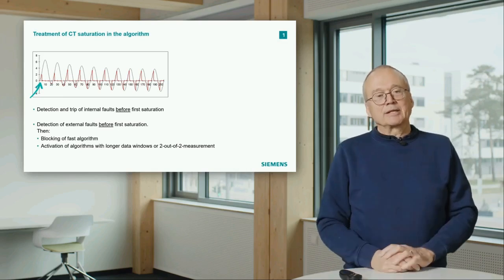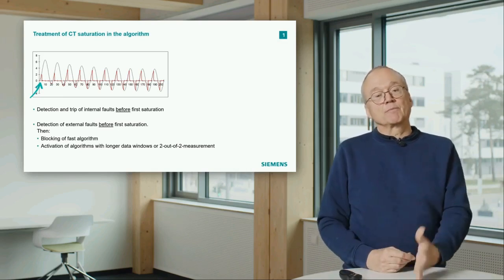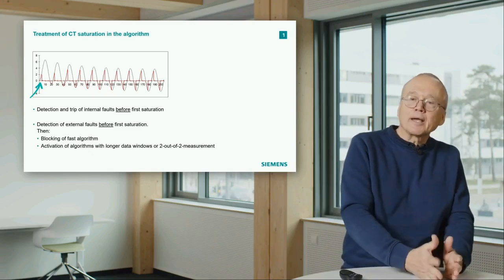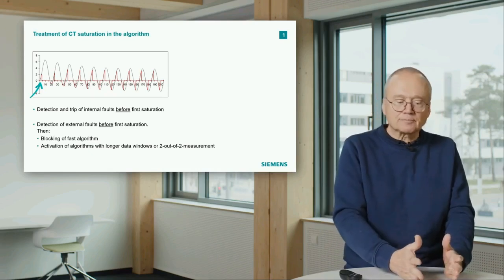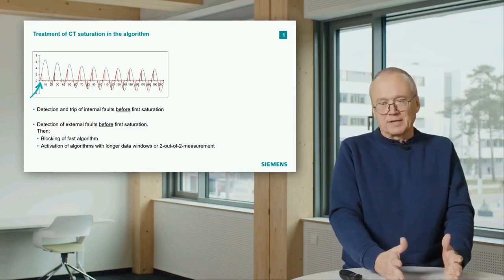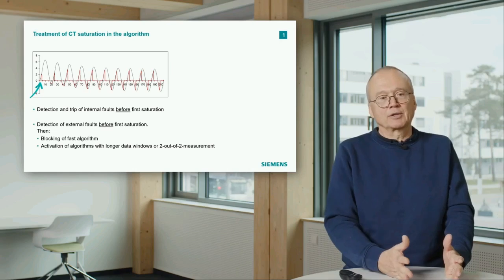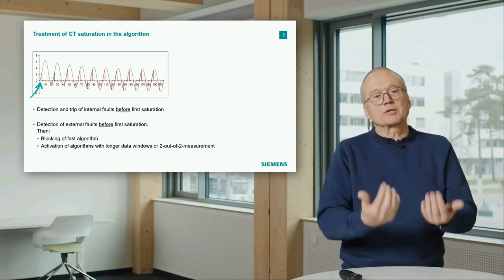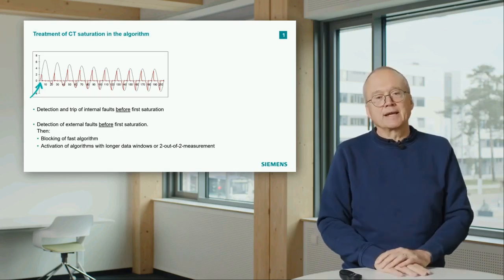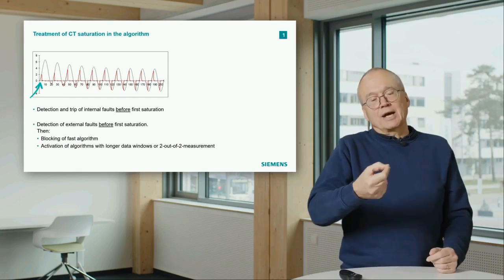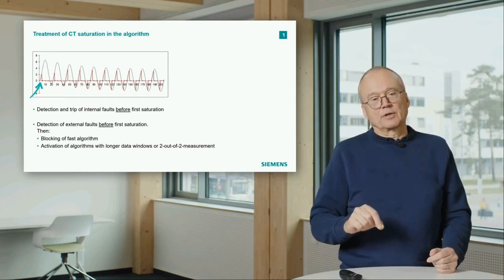What we typically do is we make this decision before the first saturation comes. That means we have some requirements to the current transformer that we must have a saturation-free time of a few milliseconds. You find this requirement in the manual. And then we do blocking of a fast algorithm, and we activate then algorithms with longer data windows which are not that sensitive on saturation.